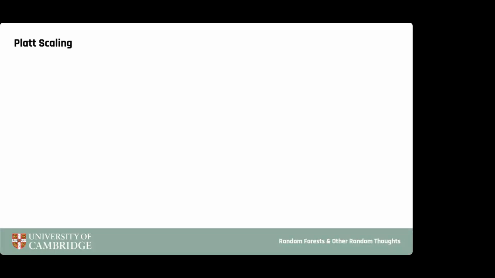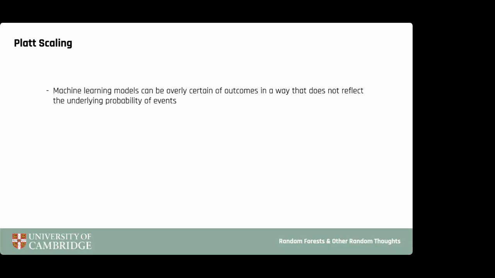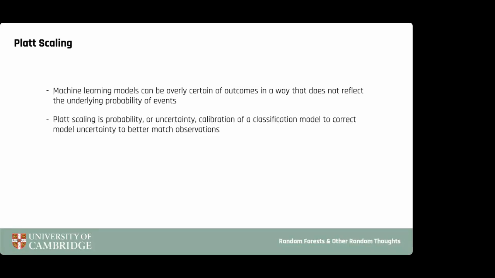If we have two choices that we're trying to predict, and 8 trees say it's choice A and 2 trees say it's choice B, then we get choice A. We don't really have any way of understanding what the uncertainty is around that prediction. And this is where Platt scaling comes into effect. It actually was designed not for random forests. It was originally designed for support vector machines.